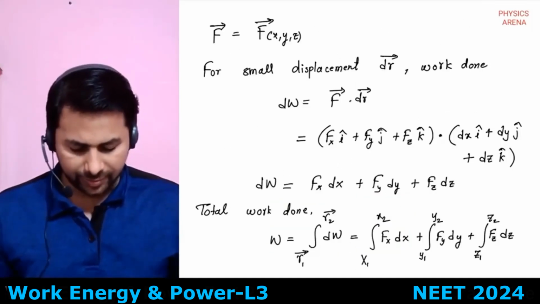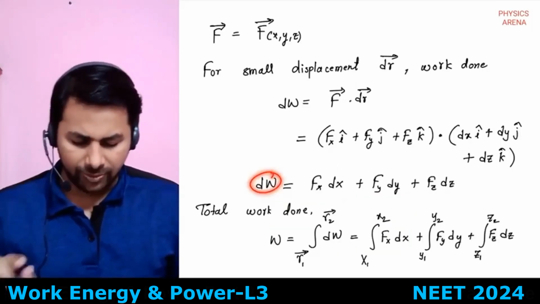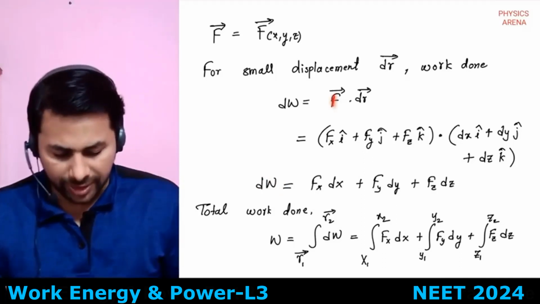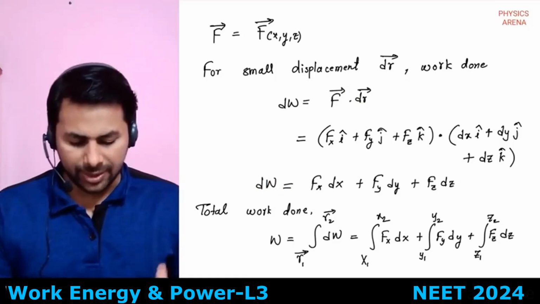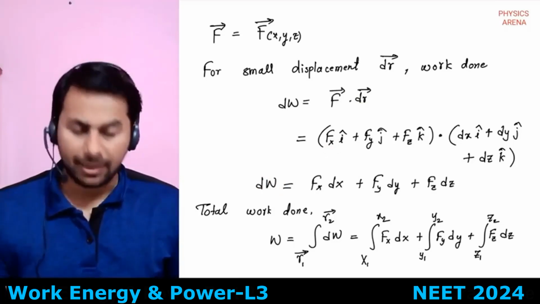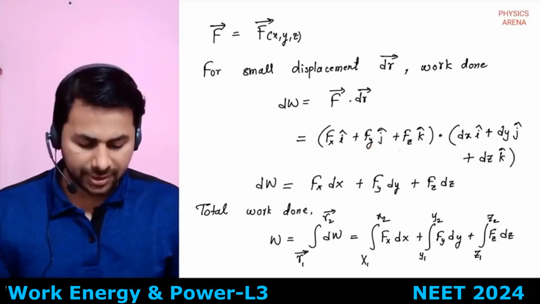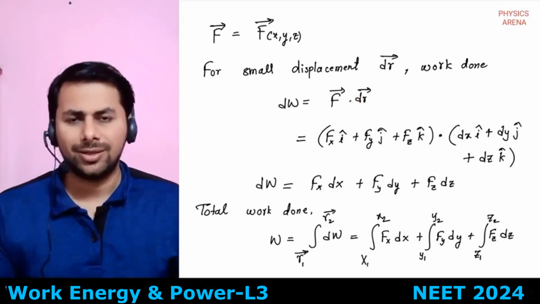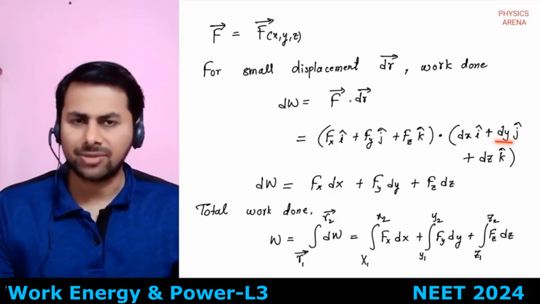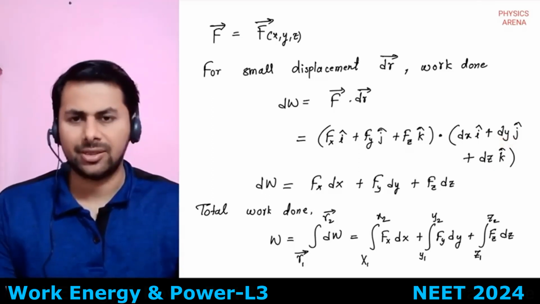In that case, if we consider small work done, it will be F bar dot dr bar, where F bar is equal to Fx i cap plus Fy j cap plus Fz k cap, and dr bar can be written as dx i cap plus dy j cap plus dz k cap.